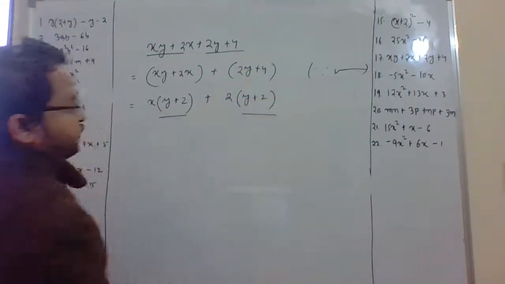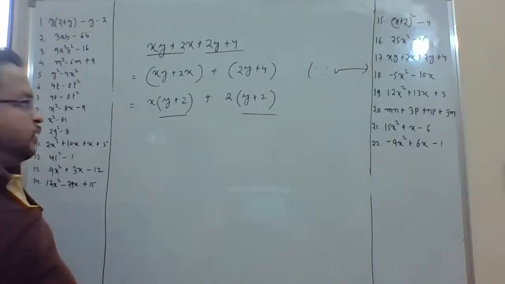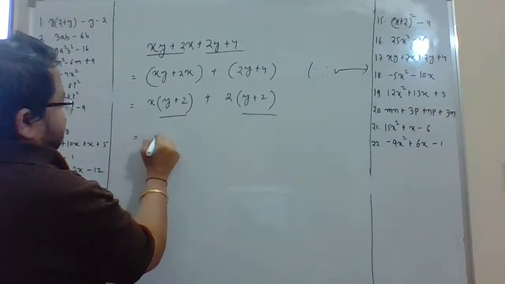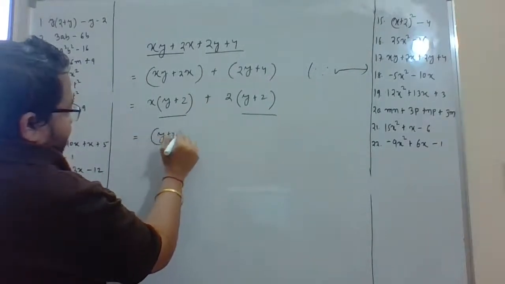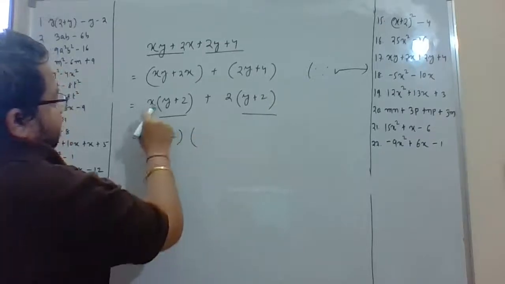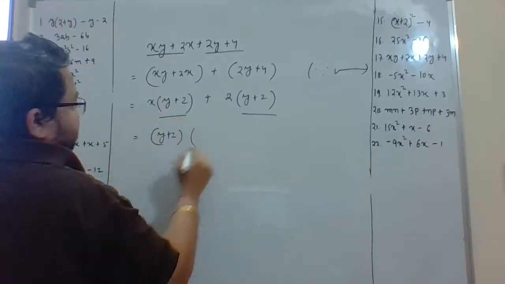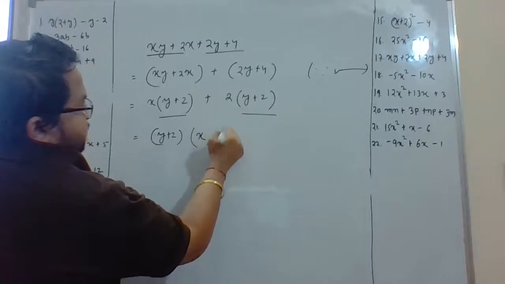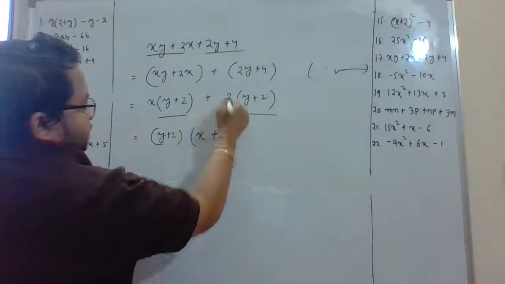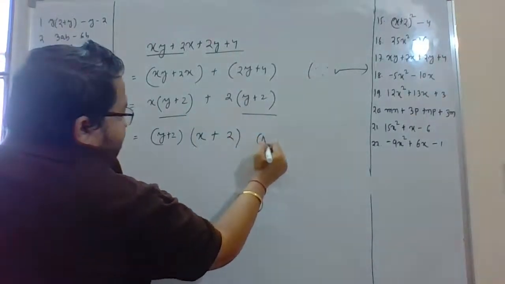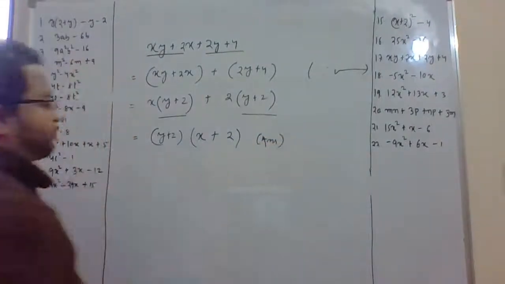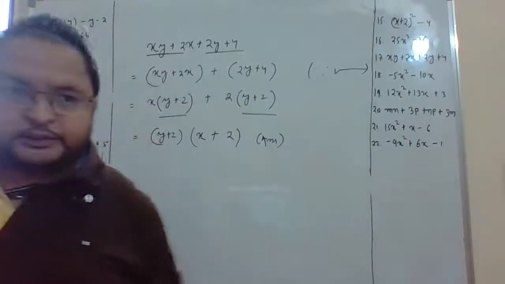Now, y plus 2 is the common factor across both the terms. So if I take y plus 2 as the common factor, what I'll get is this much by y plus 2 is nothing but x, plus this much by y plus 2 is nothing but 2. So your answer is y plus 2 into x plus 2 to this problem.